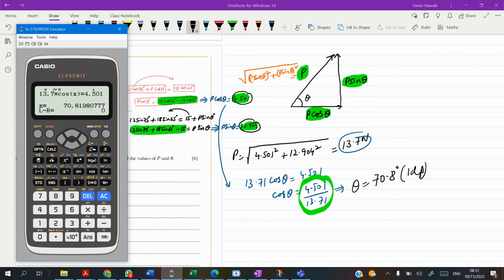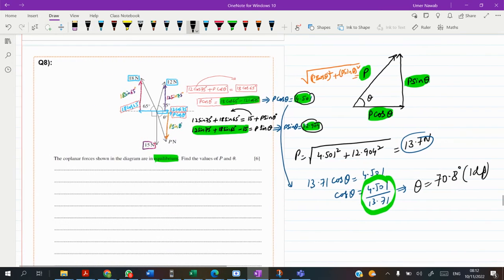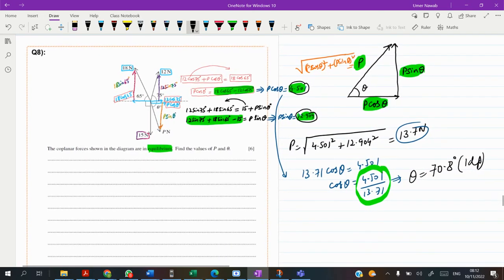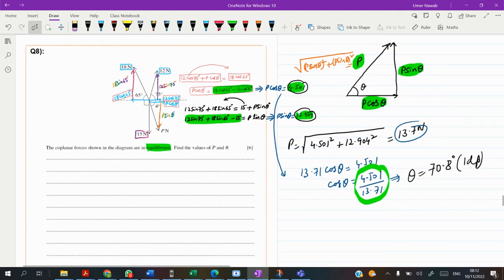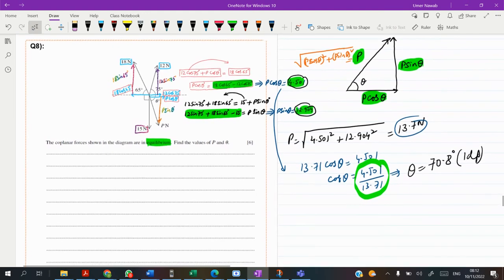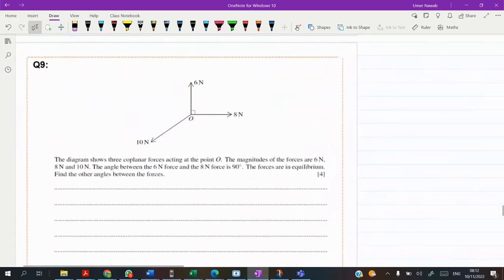Okay, so let me put the equal sign. Look, 70.8 came to us. So it's possible to get the answer from the equation solver as well, but you need to play a sensible game. You need to know where your expected answer is. So you put your initial guess closer to the accurate answer which you are looking for.